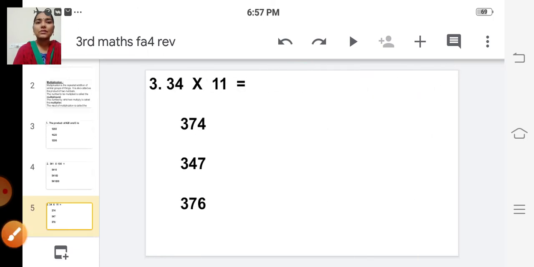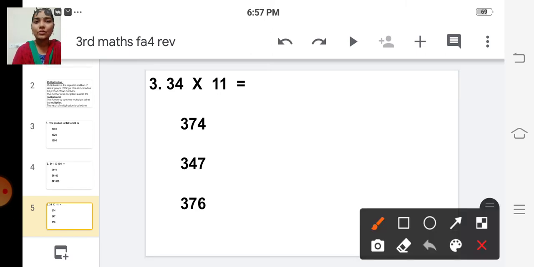Yes. So the next one, third one, 34 into 11, which is equal to dash. There is one special method, isn't it, for multiplying a number by 11. Do you remember that method?